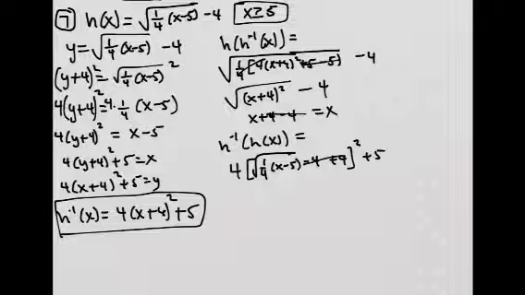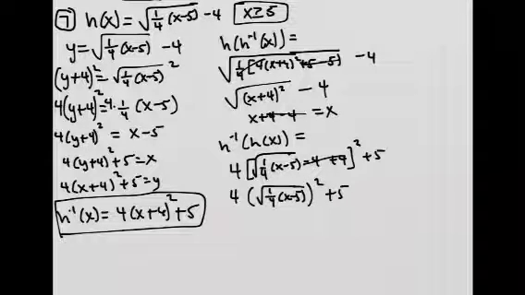And then I have, let me write it clean copy here. This is what I have left so far. Squared plus 5. So the square root of a square is just the inside number, the radicand, right? It gets rid of the radical.